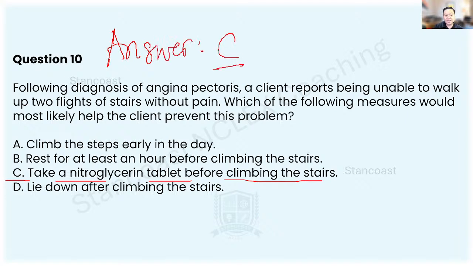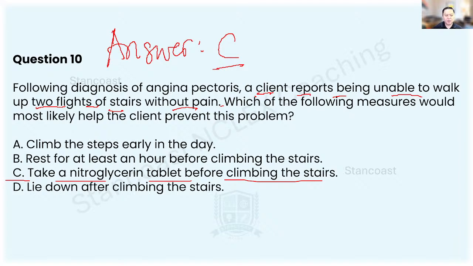Okay? This is expected. And the client reports being unable to walk up two flights of stairs without pain. So you're actually going to teach the patient what to do in order to prevent this problem from happening. So you can advise them to take a nitroglycerin tablet before climbing the stairs.